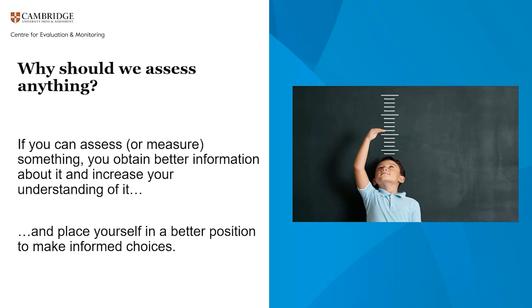But in a nutshell, if you can assess or measure something, you gather more information about it. You put yourself in a stronger position by increasing your understanding of it. And if you're in that better position, well, you're better prepared to make informed, evidence-based choices. That could be said for any subject, whether it was what we started off talking about, well-being, geography, art, PE, history, whatever your subject area is.